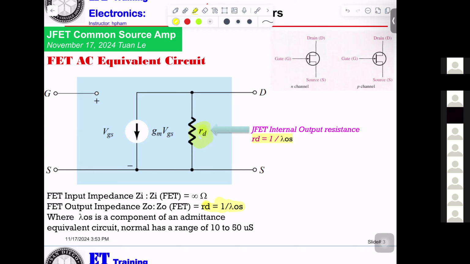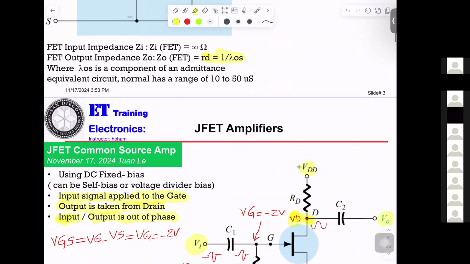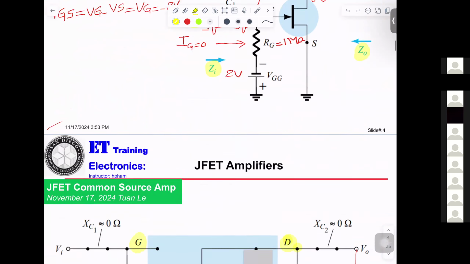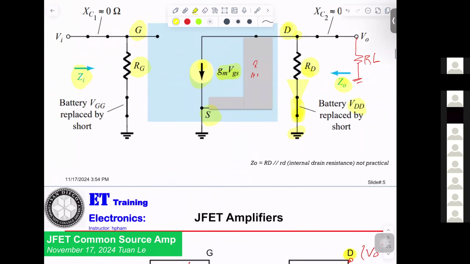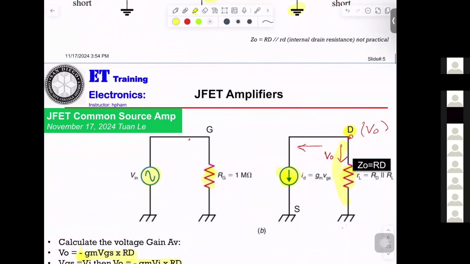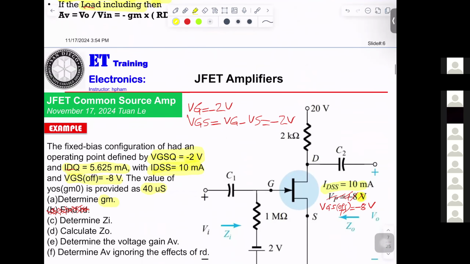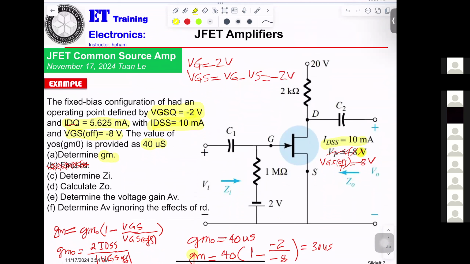But that's too big a resistance, so that's why the calculation doesn't use that. They want 1 megaohm. Perfect.